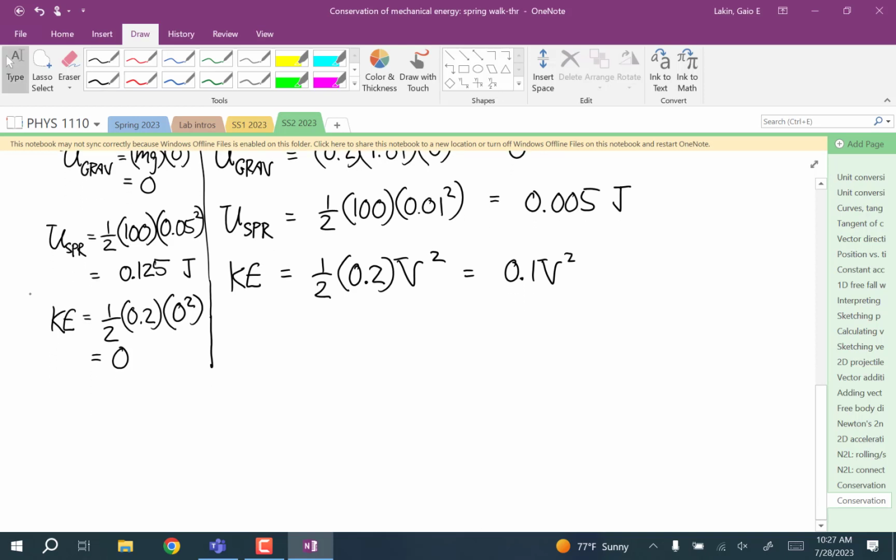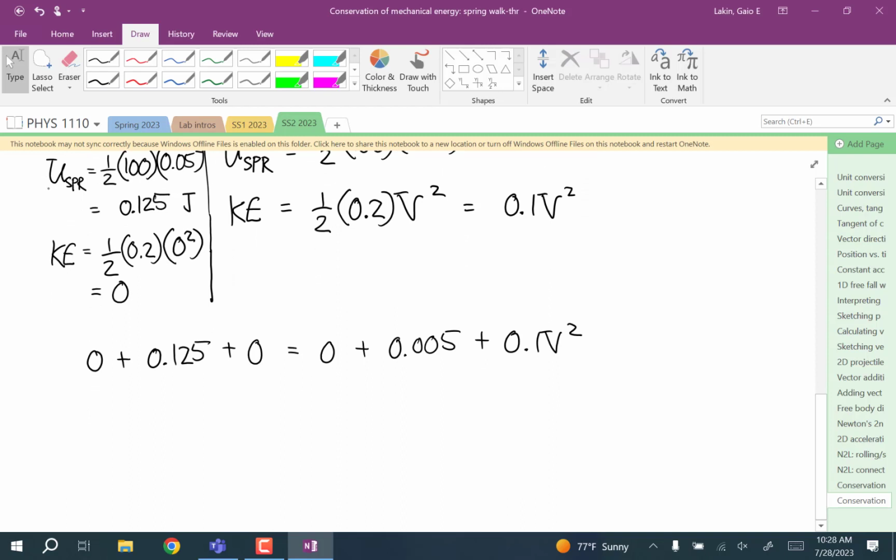And so finally we can go to conservation of mechanical energy. We have 0 plus 0.125 plus 0 is equal to 0 plus 0.005 plus 0.1 V squared. And so if we subtract 0.005 from both sides, we get 0.12 is equal to 0.1 V squared.